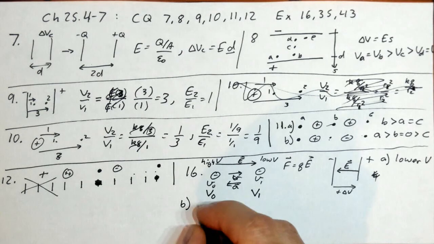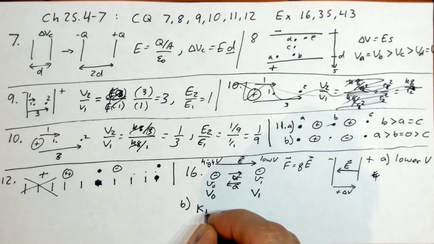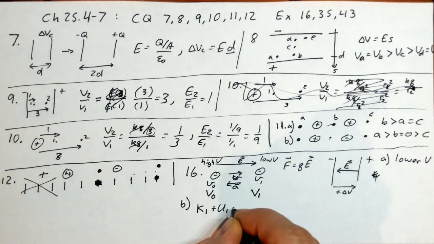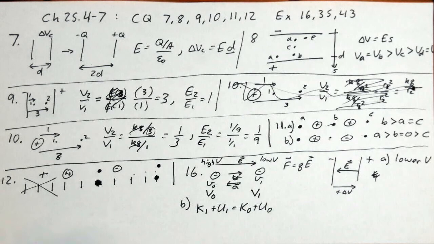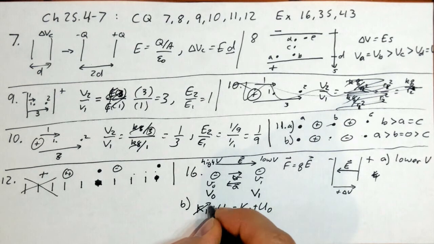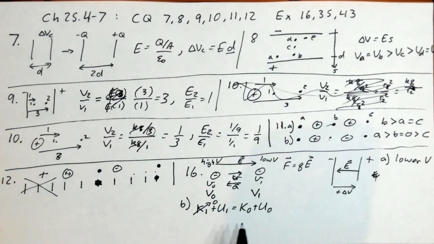Okay, to do it, let's use our process. I'm going to say K1 plus U1 equals K0 plus U0. That's my conservation of energy. Now I stop, which means K1 is 0. And I'm trying to find the potential difference, so let's subtract the U0 over.